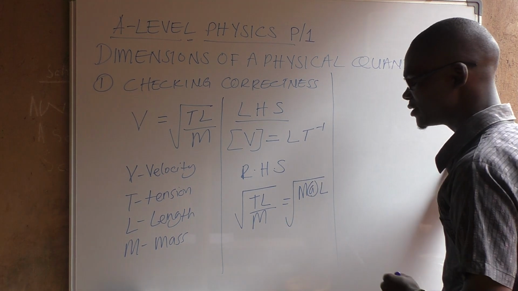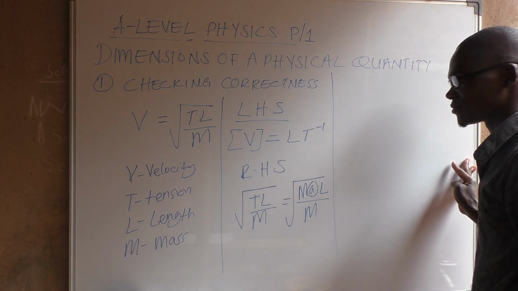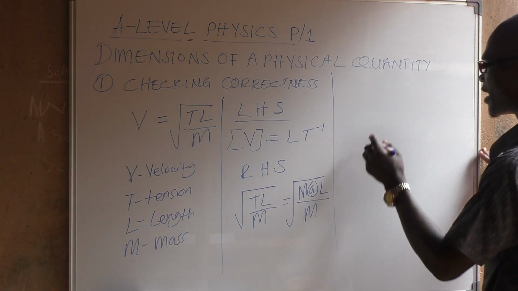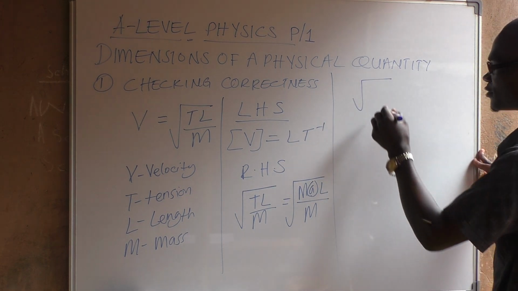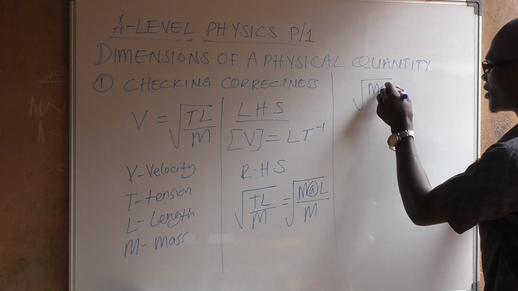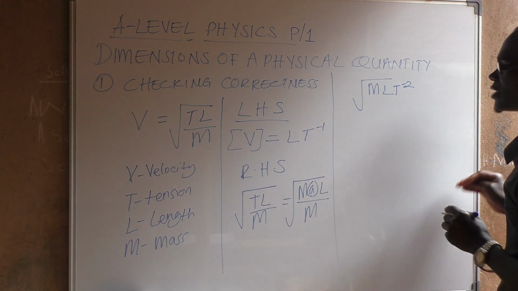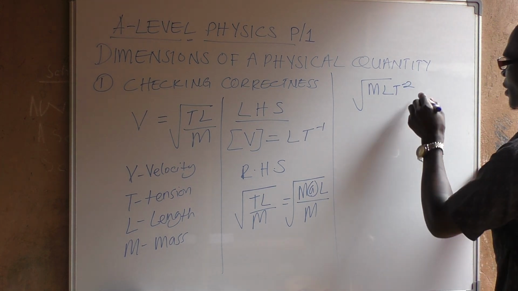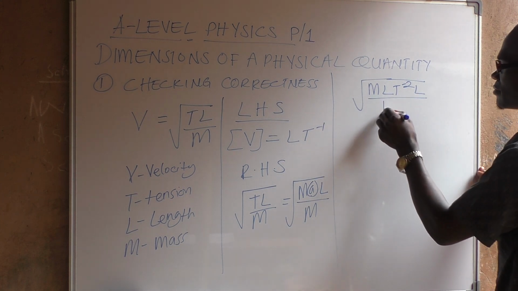Then we have length over the mass. So that gives us the square root of mass times acceleration, and acceleration is given by length per square time. Then we have the length over mass.